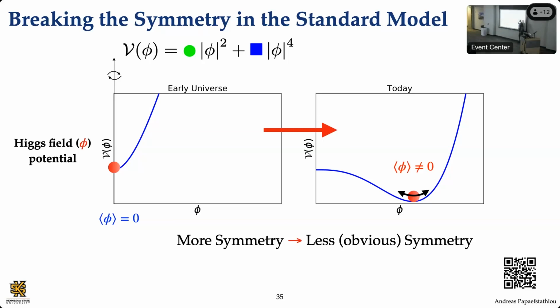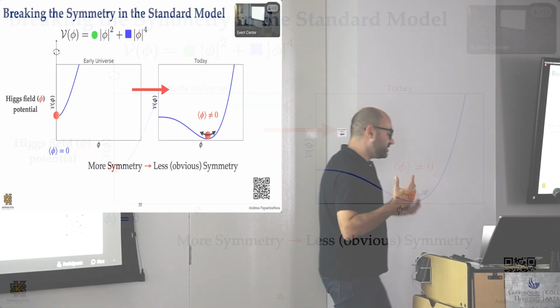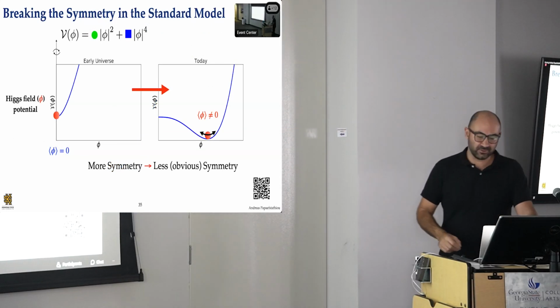So the Higgs field lies at a minimum which is far away from the origin. And this phi, which is called the vacuum expectation value, is non-zero. So we went from something that looks very symmetric, the ball, which is symmetric about the vertical axis, to something that looks less symmetric. But the symmetry is still there, it's just less obvious.